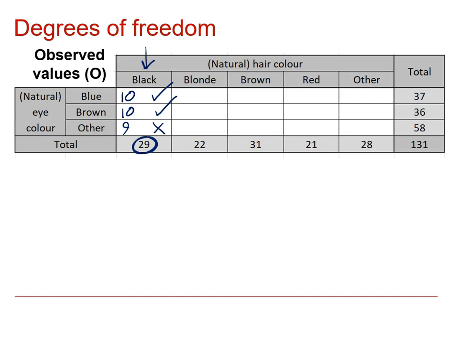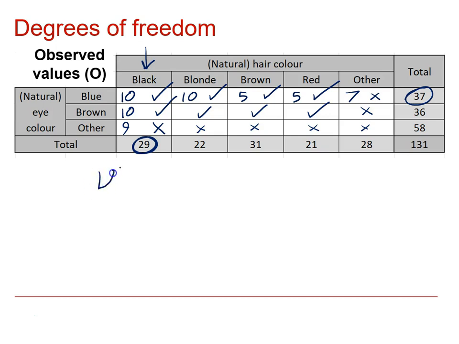Similarly for blue eyes, if this was 10, this was 10, this was 5, this was 5, the total so far is 30, so the only option left for this total is 7. So that does not have freedom to vary. So these all have freedom to vary. These in the final row and final column do not have freedom to vary.